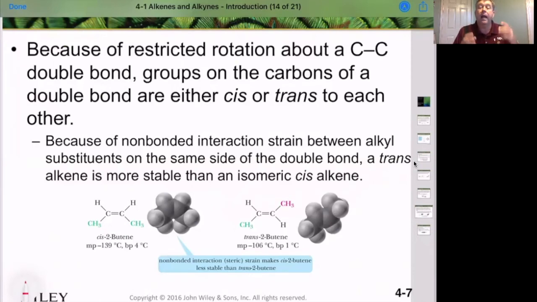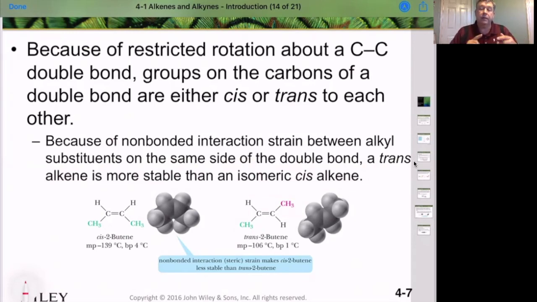They don't flip back and forth with each other the way a regular hexane might rotate freely. We know this because we can isolate them, and they have different properties, different melting points, and different boiling points. They even have different bond angles because of the strain.